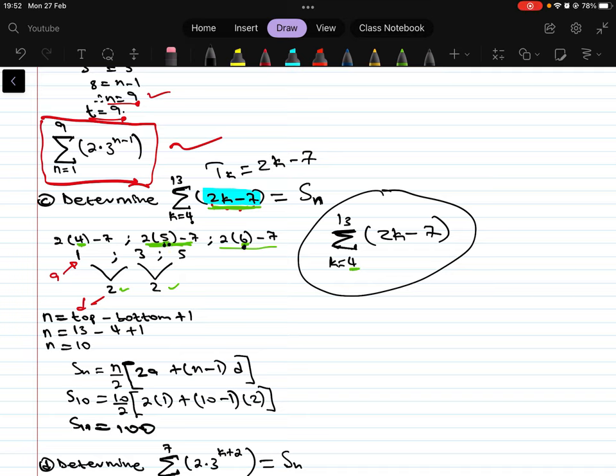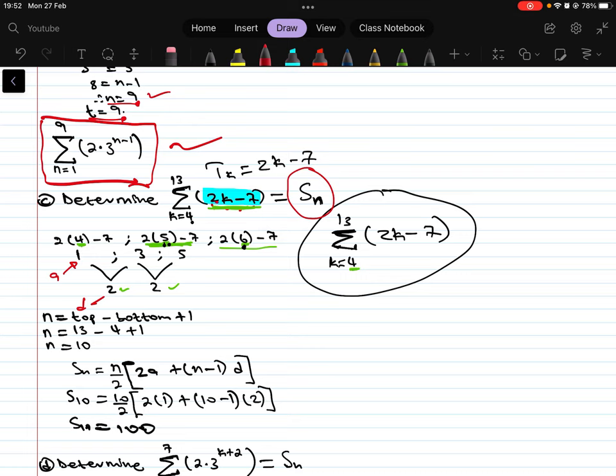Now that you have the next 2 terms, you have your a and your d. Then your n is still top minus bottom plus 1, as I've explained previously. Now that you have your n, all that you need to do is to see how you can evaluate that. You can evaluate that by using the Sn formula. There are different Sn formulas that you could pick from, like I said previously.